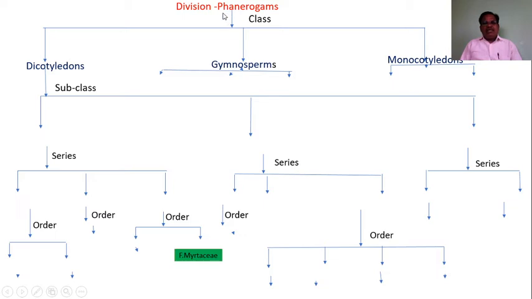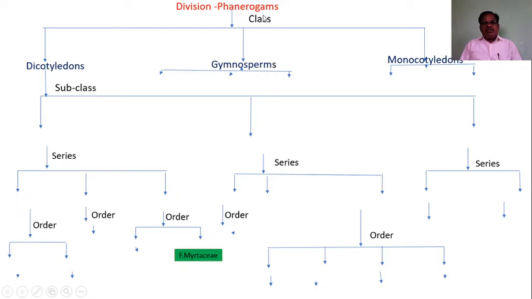They are herbs, shrubs, trees. They are found in aquatic habitats as hydrophytes, in the xeric area as xerophytes, or near water resources as halophytes. So different types of groups of plants are found inside this one.